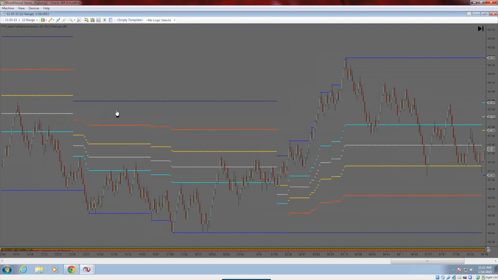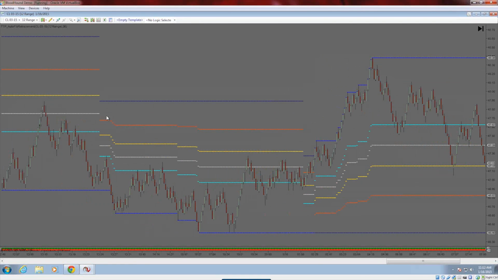Does everybody understand how this is working? So we're using identified swings in the market and new lows or new highs within the swing period to identify the swing high and the swing low. And then we're drawing the fibs accordingly.